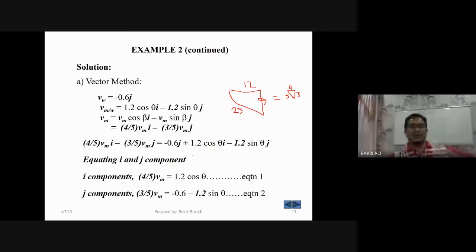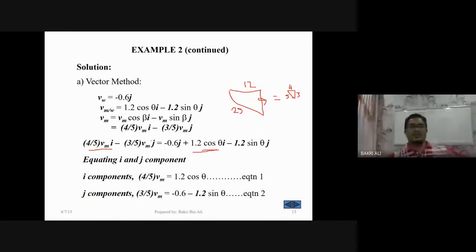And now we can equate the i and j components separately. So instead of only one equation, now we have two equations, one for the i component and the other for the j component. The i on the left side should be equal to the i on the right side. So 4 over 5 Vm equals 1.2 cos theta.